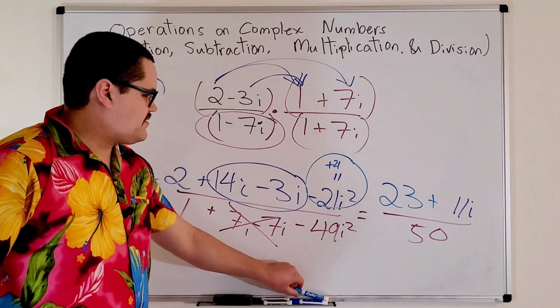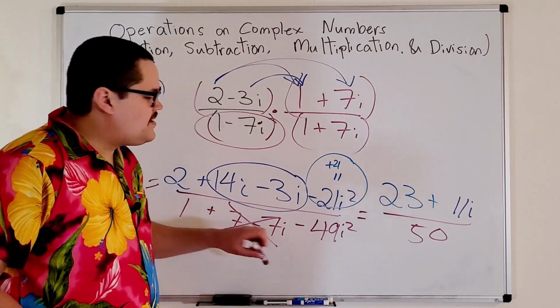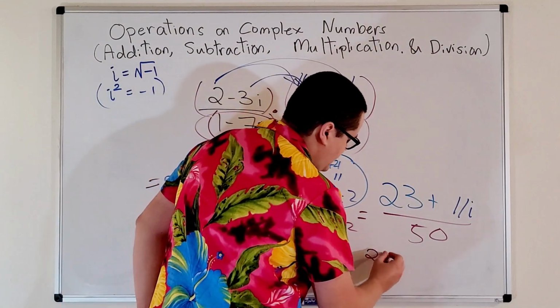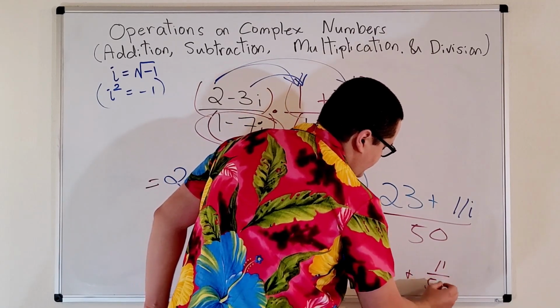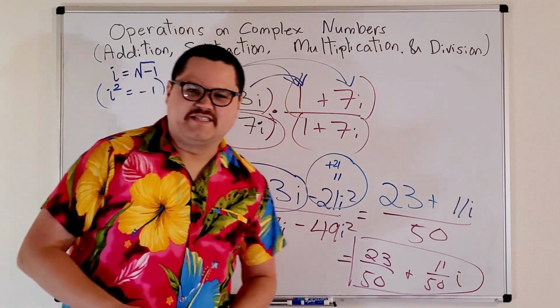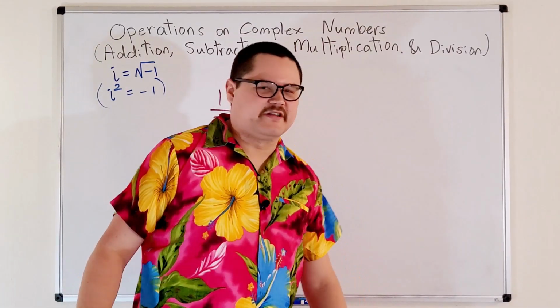So our final answer is 23 plus 11i over 50. And you can also write that in a plus bi form as 23 over 50 plus 11 over 50 i. Any questions? Let's do one more final complex number division.